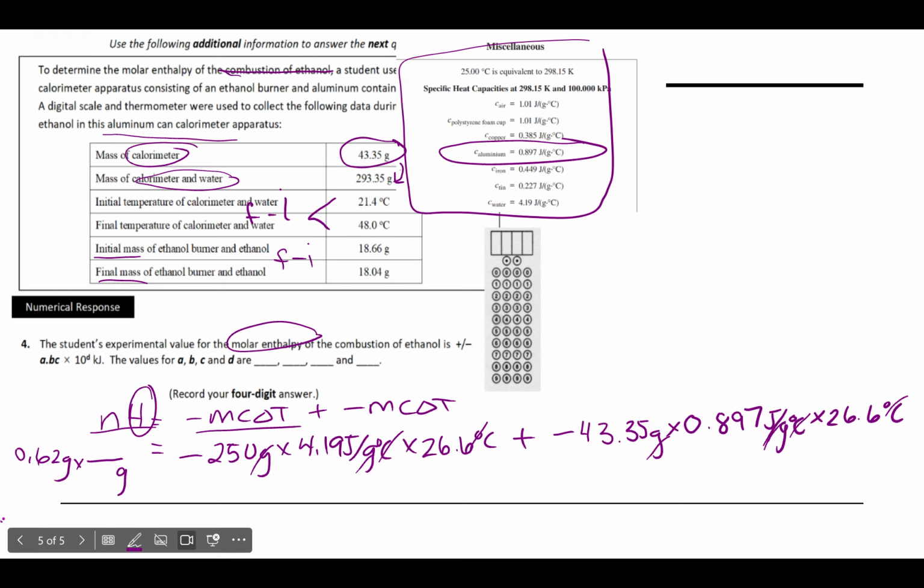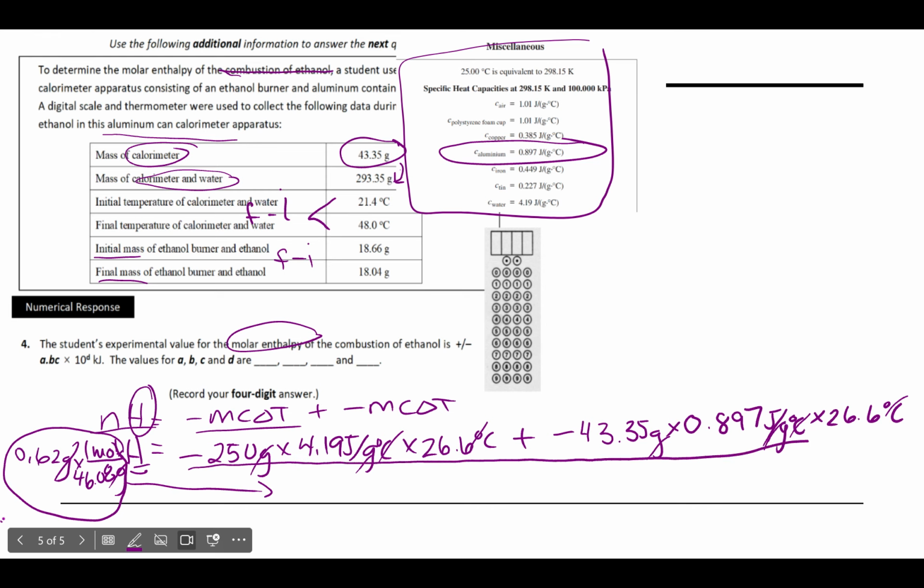And if you calculate the molar mass of ethanol, you will get 46.08 grams. So now grams will cancel, and you have your moles. Now, our last step then will be to get H alone. So we'll figure out what this equals, and we'll divide it to the other side. And all this information here, it's one big number. So you can put this into your calculator like you see it.